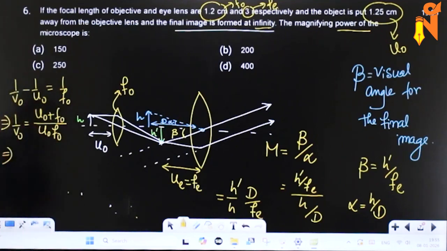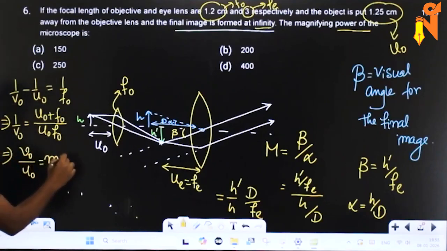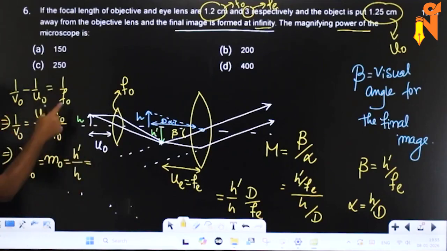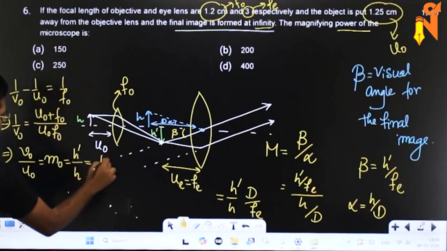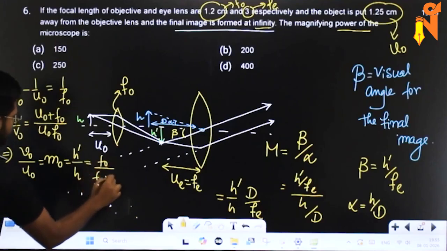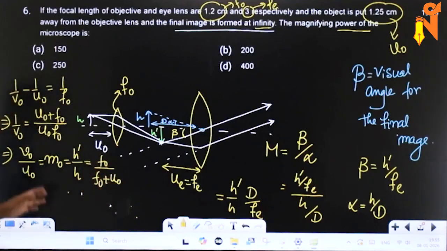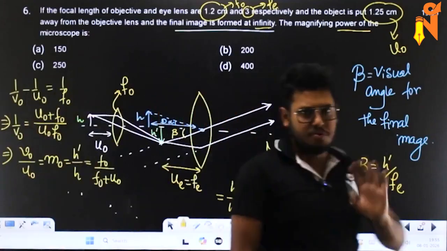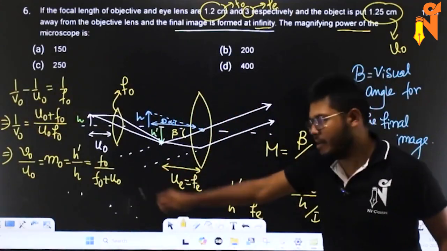So if I look at this h dash by h, so VO by UO, that is the magnification by the objective lens, that is same as h dash by h. From here if I do V by U, I get FO by FO plus UO, right? You can do it by your own hand to verify the calculation, otherwise you won't understand. Try to write this calculation by your own hands.